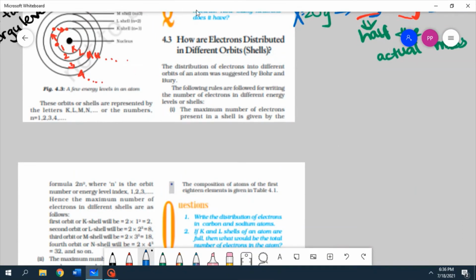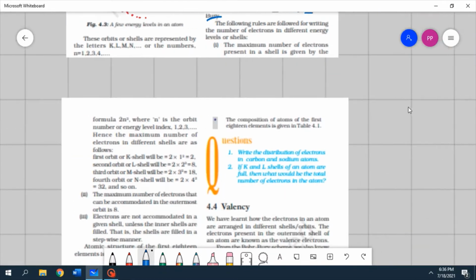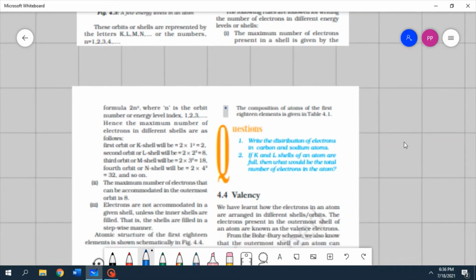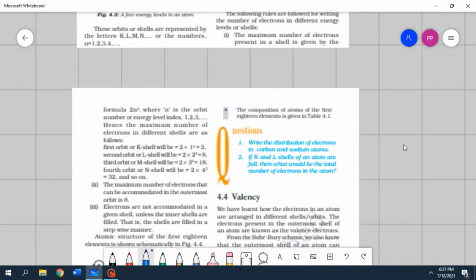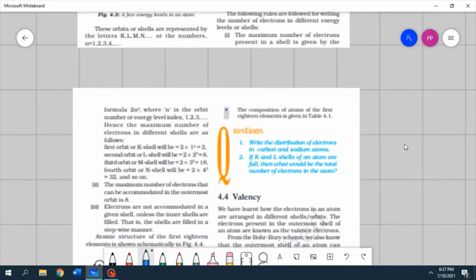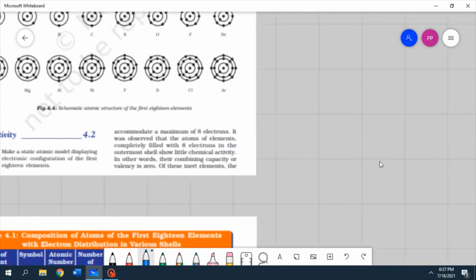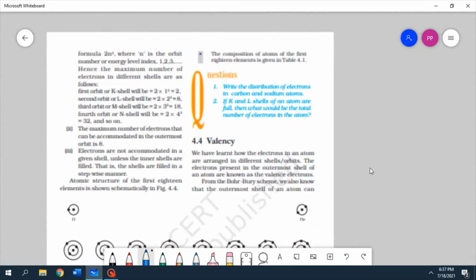How are electrons distributed in its different orbits? The distribution of electrons into different orbits was suggested by Bohr and Bury. The following rules are followed for writing the number of electrons. These are very important rules, and I want you to pay attention because this will help you write the electronic configurations for different atoms in the coming lessons.